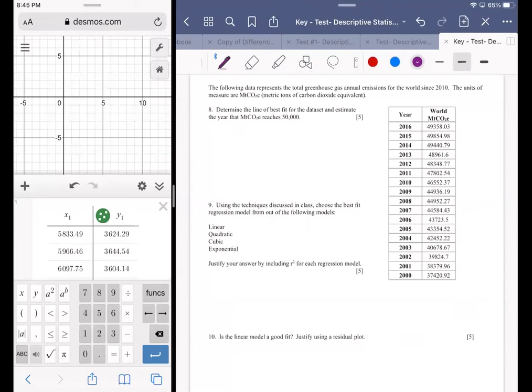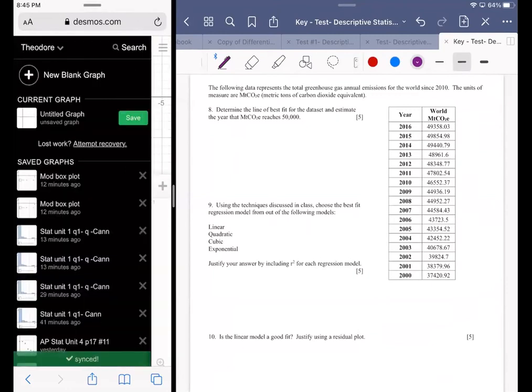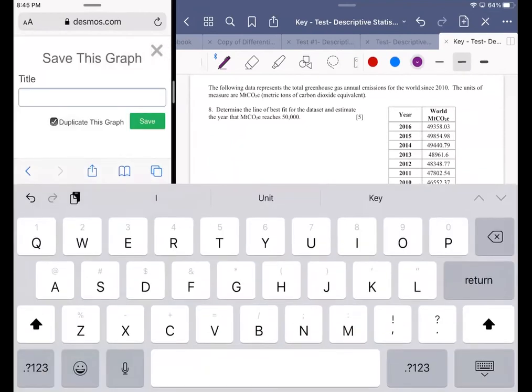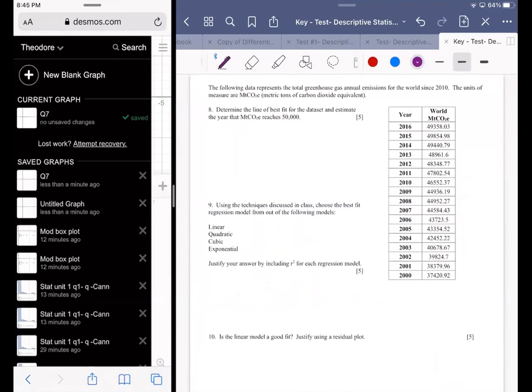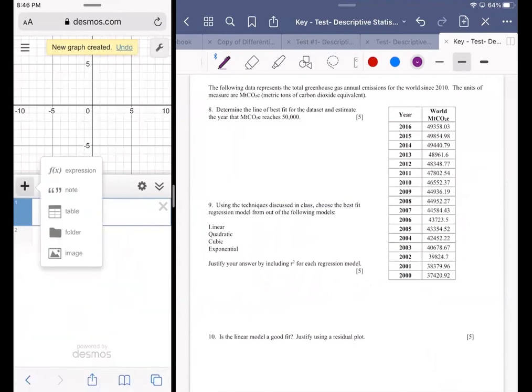The following data represents total greenhouse gas emissions for the world since 2010. The units of measure are metric tons of carbon dioxide equivalent. So I'm just going to very quickly save this as Q7. I'll put that in the notes later. But here we need a fresh new data set. You got to type them all in.